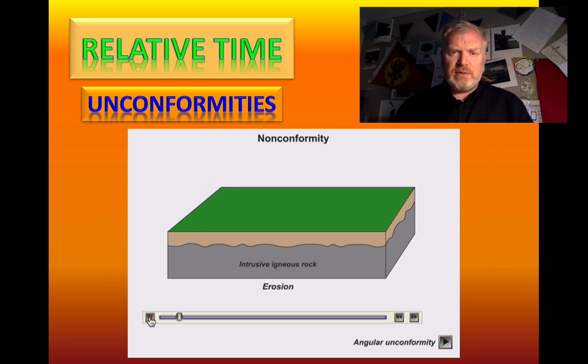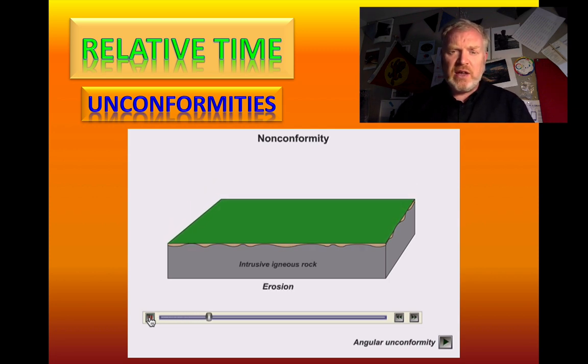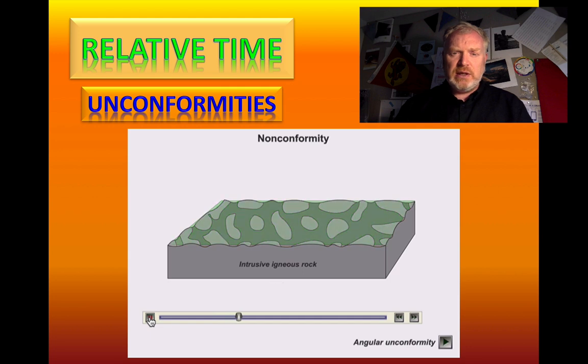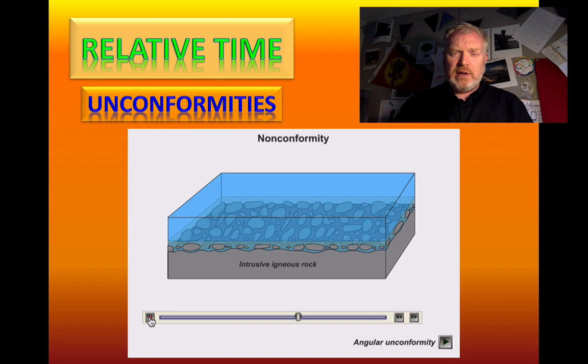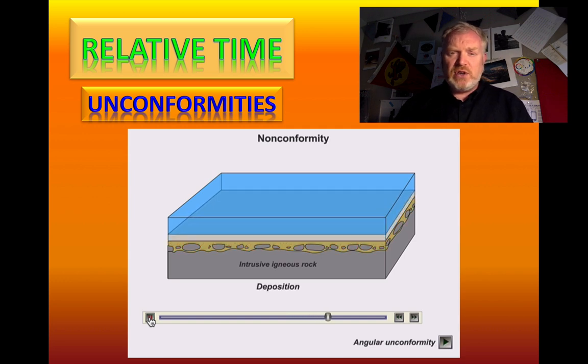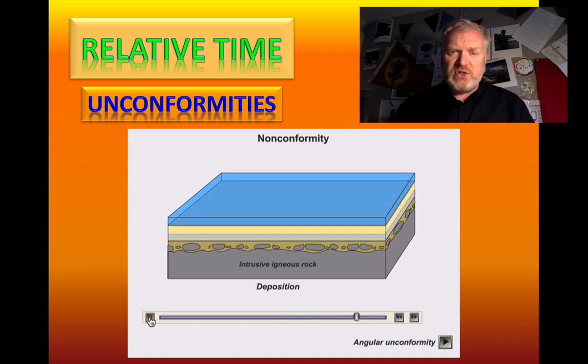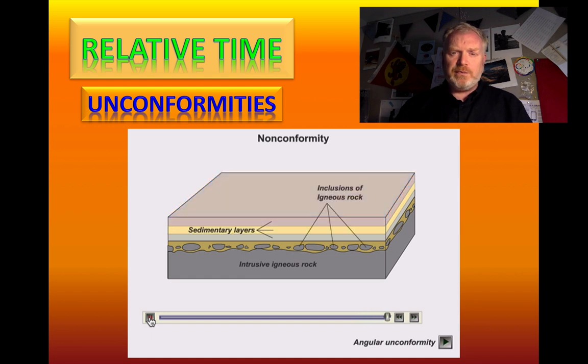Now this is labelled a non-conformity. We could call this a heterolithic unconformity. We have intrusive igneous rock that's formed at depth. It gets weathered, eroded and exposed at the surface. We have more sediments being deposited on top. And we have two rocks then that are together that can't form together.